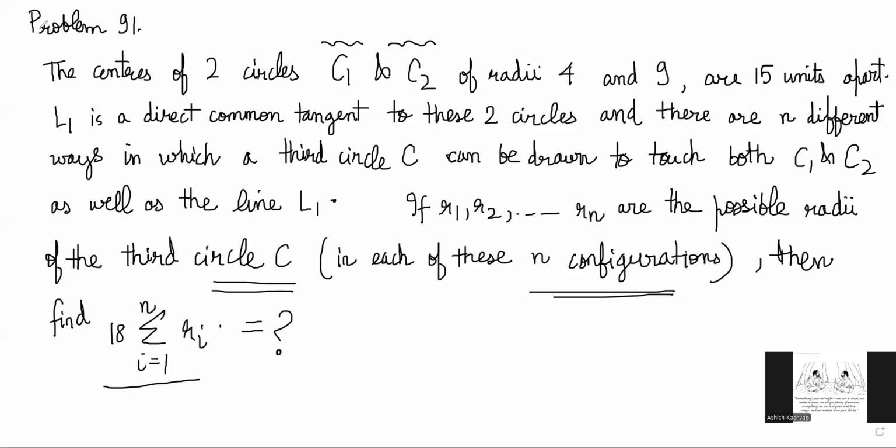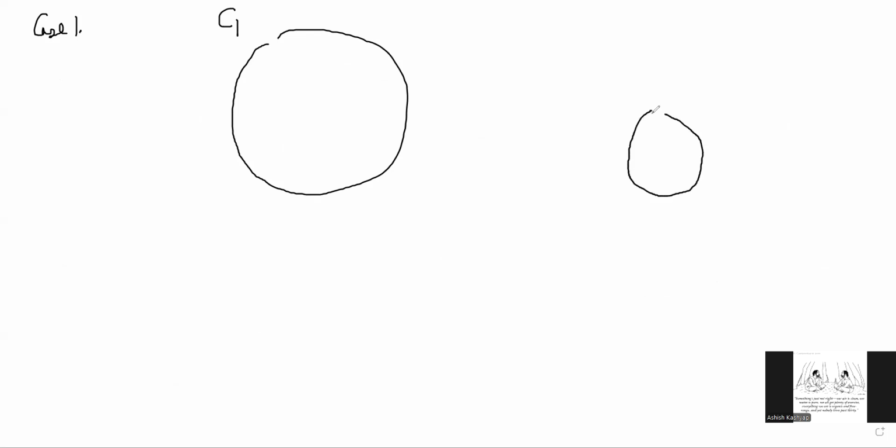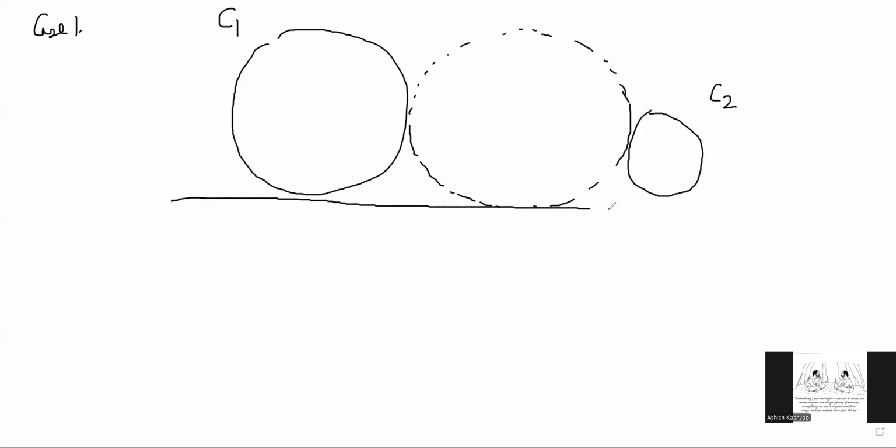Okay. So case one. Let's try to draw a configuration. We have C1 here, and let's say the circle C2 is here, and the third circle is in the middle, something like this, right? Third circle is something like this, and all these circles touch the line L1.